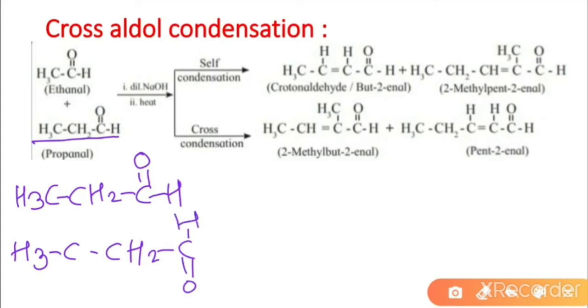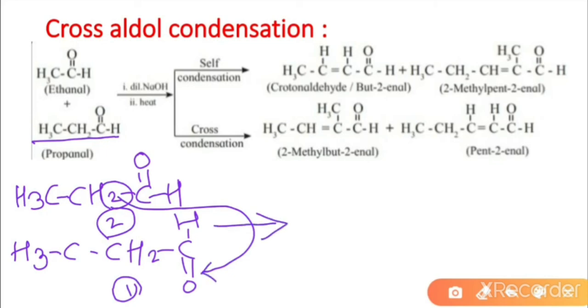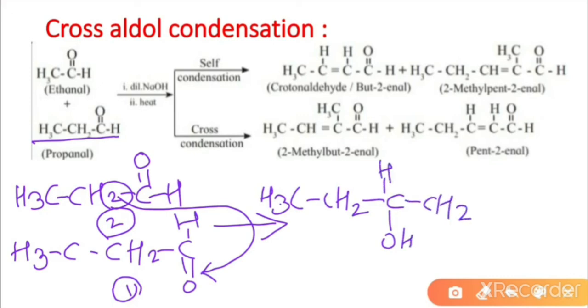This is the second molecule, this is the first molecule. This alpha hydrogen atom migrated towards this carbon, and we get H3C, CH2, CHOH, CH, CH3, CHO.